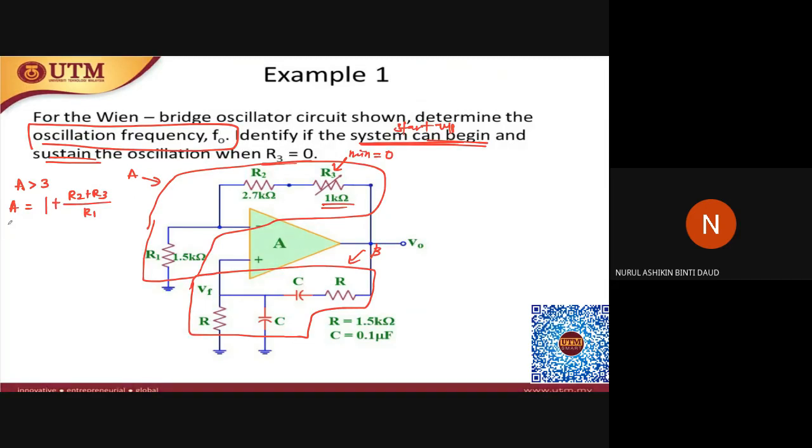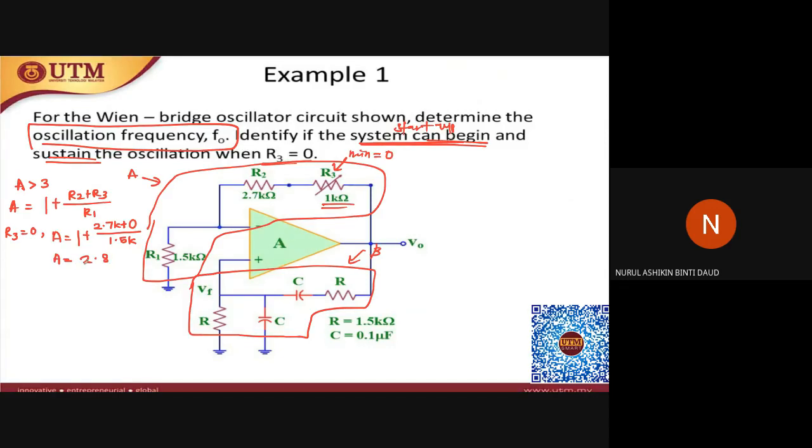When R3 is equal to 0, what is the value of A? A will be 1 plus 2.7 kilo plus 0 over 1.5 kilo. If you calculate, you will get 2.8. The value of A is equal to 2.8.